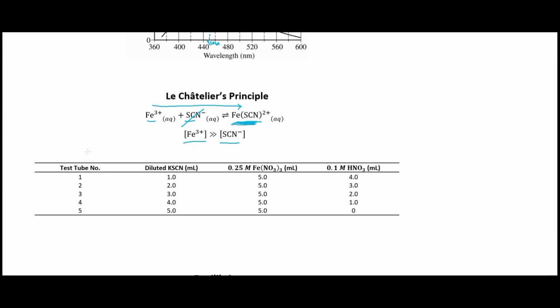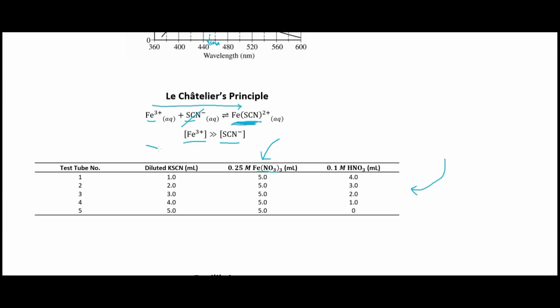So in the first part of the experiment, we'll be doing what you see in this table here. And so we'll be adding in right here. So this is our sort of excess of the iron 3 plus here in the form of the iron nitrate here.